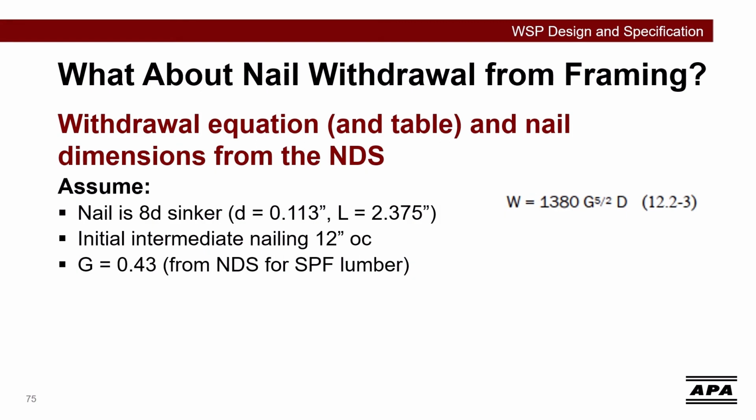We still have one more mode to check to verify our sheathing is adequately fastened to the framing. We need to consider nail withdrawal from the framing. Equation 12.2-3 from the NDS may be used to find the reference withdrawal design value in pounds per inch of smooth shank nails. To get the withdrawal capacity of the nail, we would multiply this W value by the length of the fastener penetration, P sub T, into the framing.